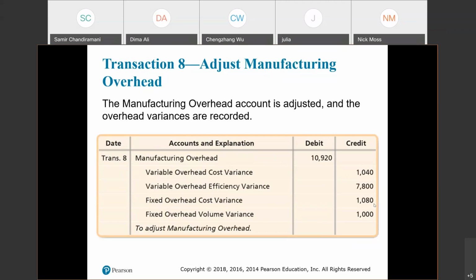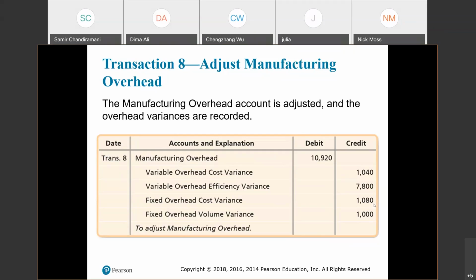The debit to manufacturer overhead indicates that the actual overhead costs debited to the accounts were less than the allocated amount credited, and overhead was over allocated. So the account had a credit balance and has to be debited to bring it to zero balance.